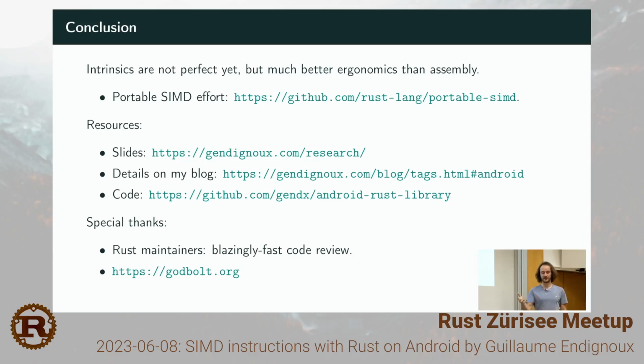And on top of that, there's this portable SIMD effort that aims to standardize the common instructions that are present on all the major architectures, and also give nicer names than the intrinsics I showed before. Again, big thanks to the Rust compiler maintainers for the blazingly fast code review. And also, the compiler explorer tool was really nice to see the assembly outputs.